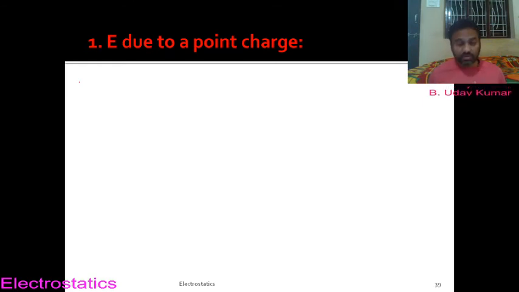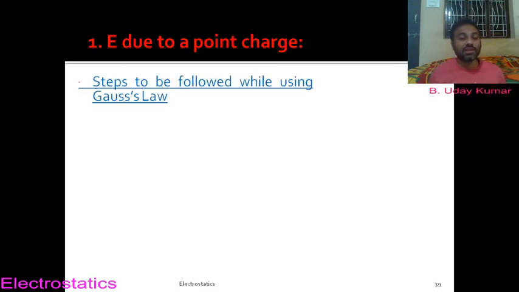Okay. So what are the steps that you have to follow? I hope you remember it. But even if you don't remember it, don't worry. We are going to follow each and every step slowly and in detail. So these are the steps that you need to follow while using Gauss law.